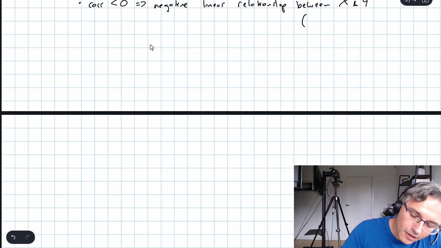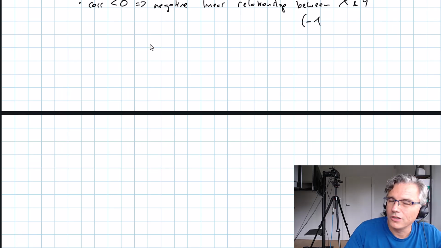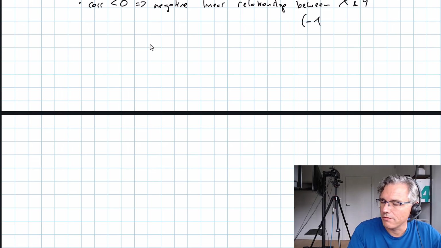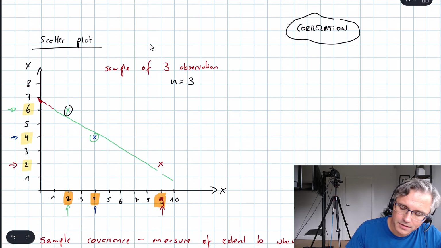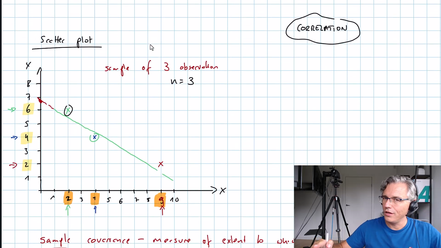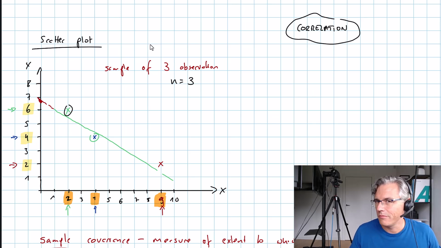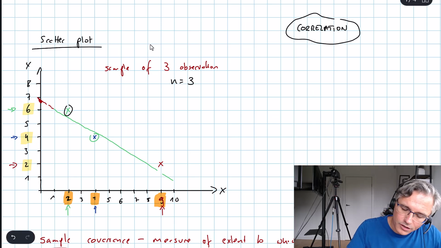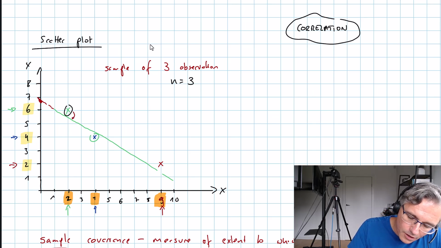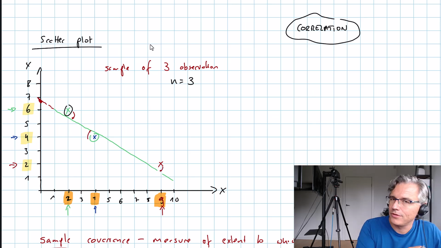And the closer we get to -1, the more perfect that linear relationship is. -1 doesn't mean that the slope of the line is -1. No, we saw on the calculator there was something like -0.53.